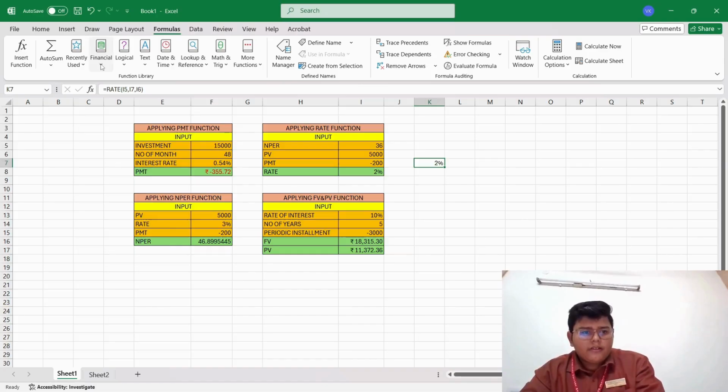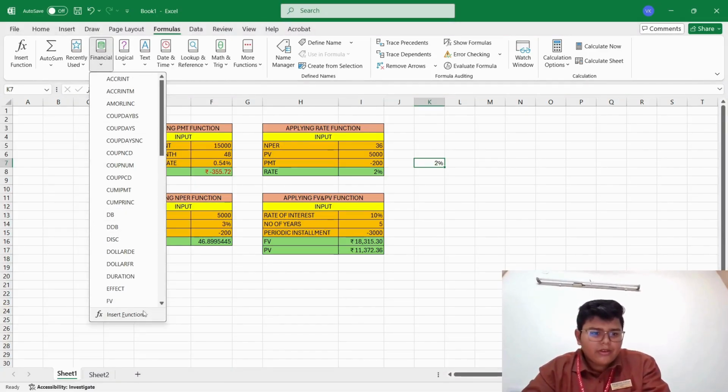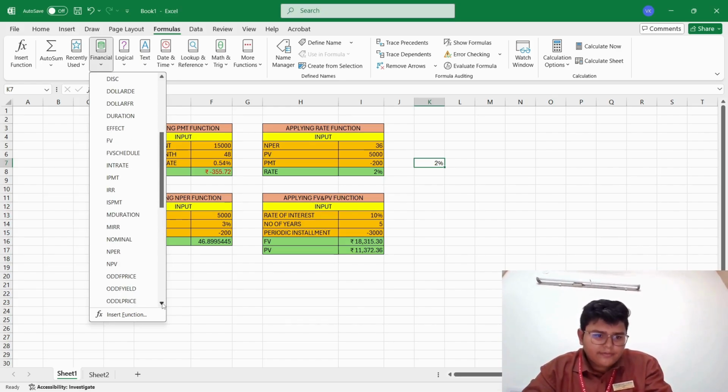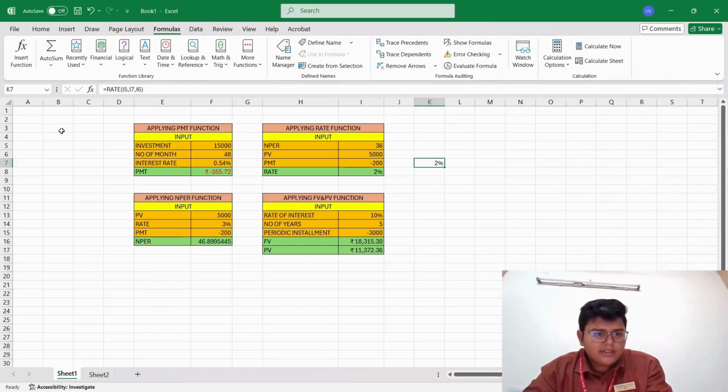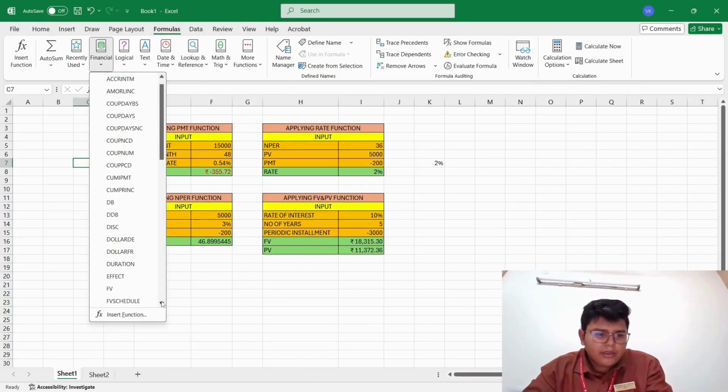And we will find PMT one more time. I will change the cell to here, and again click PMT.